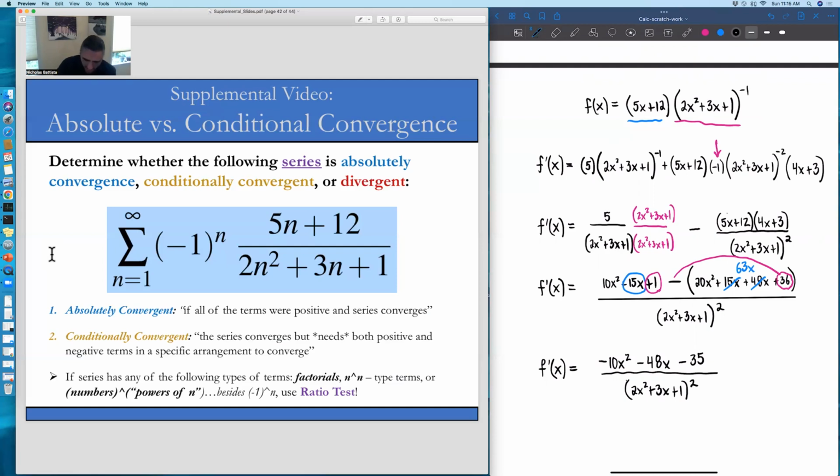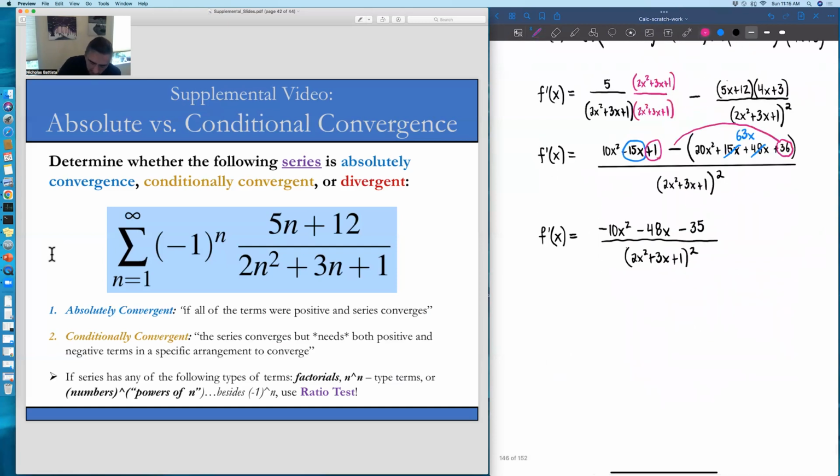All right, now what we see is each of these terms in the numerator has a minus sign attached to it. So let's just factor out that minus sign. We're almost done with proving that this is decreasing. So we factor out that minus sign, which means in the numerator now we have 10x squared plus 48x plus 35.